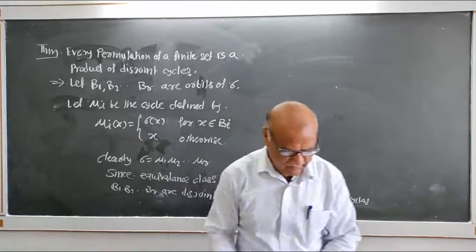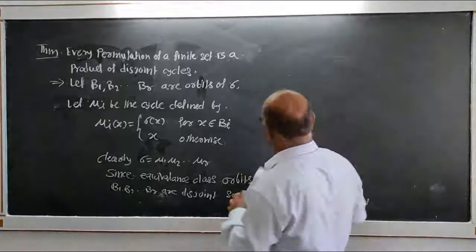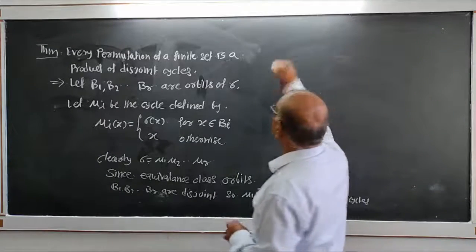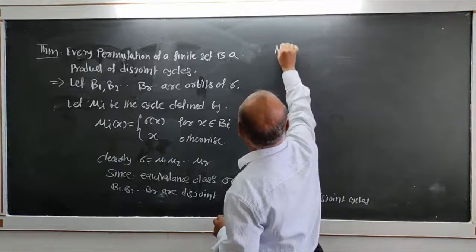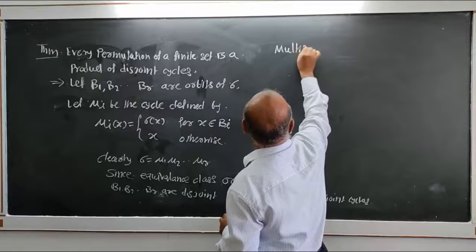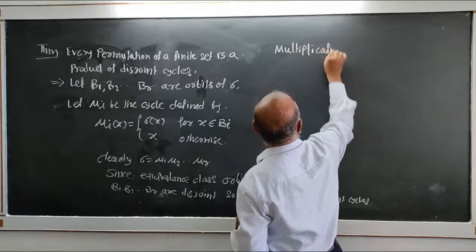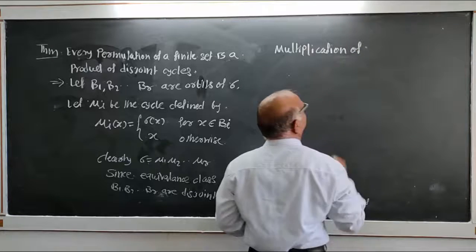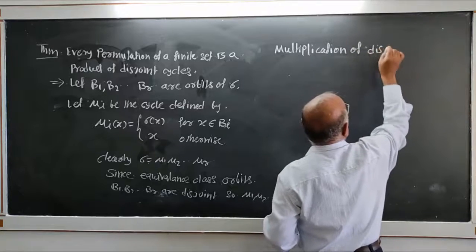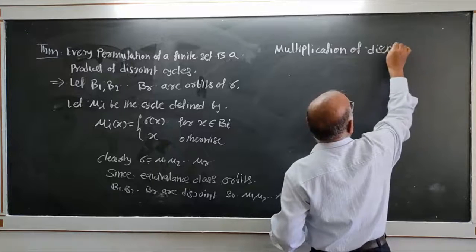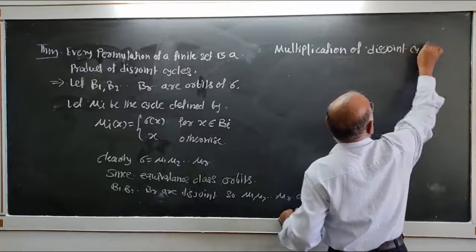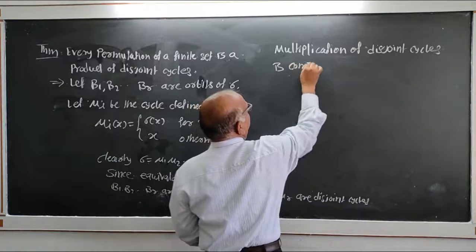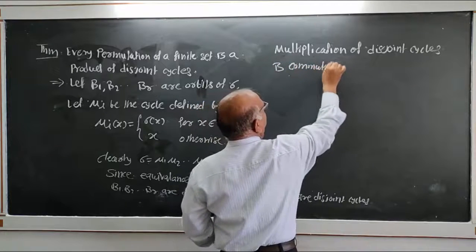Now, here is an example. Multiplication of disjoint cycles is commutative.